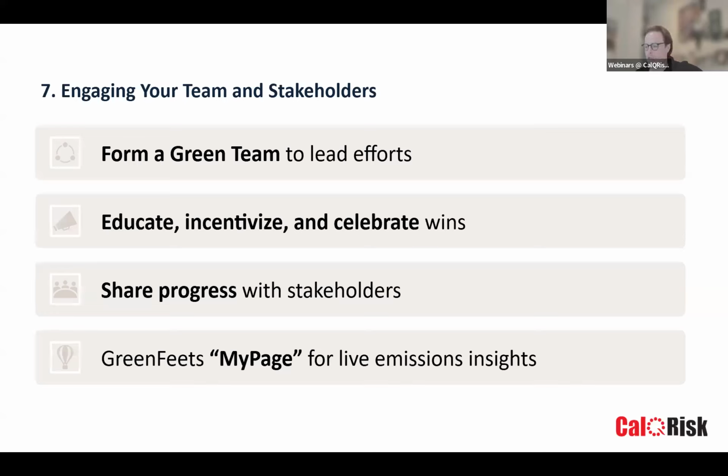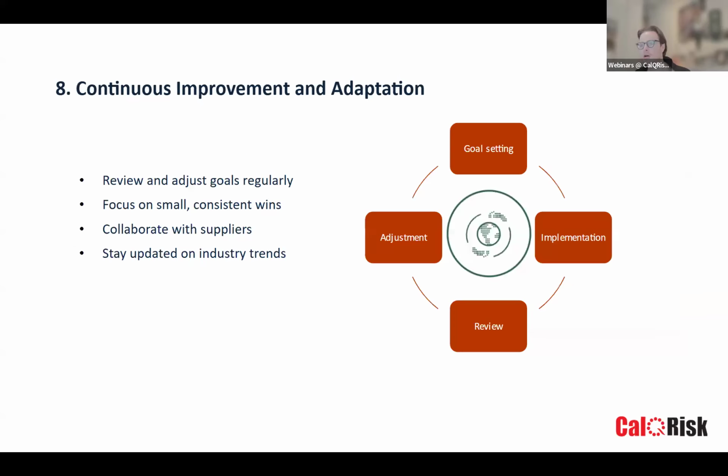One thing I suppose we always finish on, guys, before we get to the Q&As really is how do we continuously improve? In the case of setting targets and tracking the progress, it's kind of like a full circle approach. So if you take it that we've measured your emissions and set your targets, the first step is then implementation.